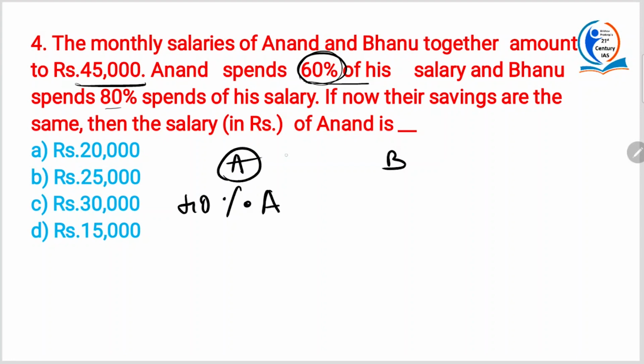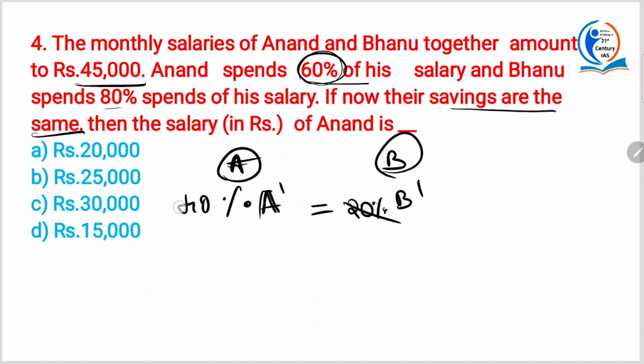Let A dash be his salary and B dash be Bhanu's salary. Bhanu spends 80%, which means his saving percentage is 20%. Their savings are the same, which means 40% of A's salary is equal to 20% of B's salary. So the ratio of A's salary to B's salary is 1:2.